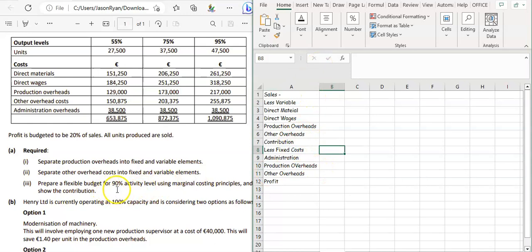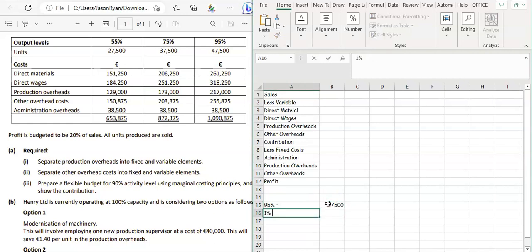So we're asked to do this at 90% capacity. So if it's 90% capacity, then we're going to take any of these output level units. You can take 55%, 75% or 95%. Now what we're going to do is find what is 90%. So we know that 95% is equal to 47,500.